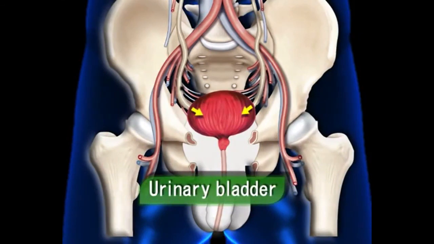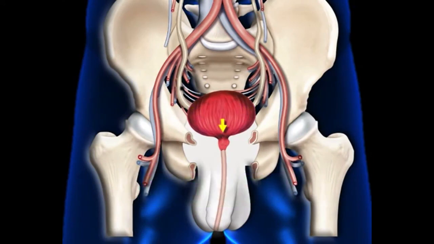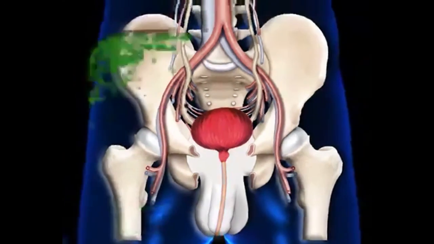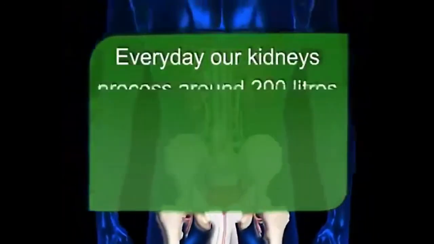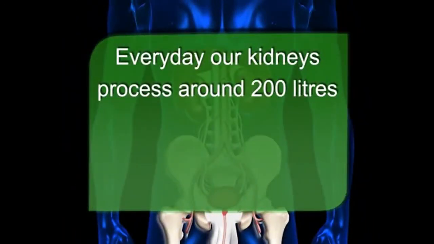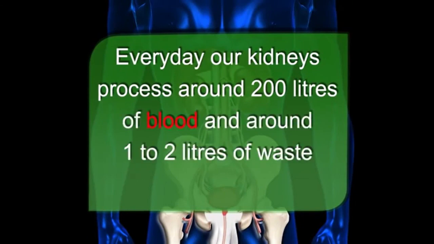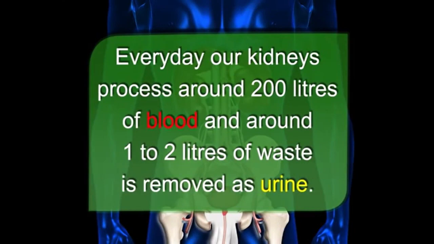Here, urine is stored until the bladder is emptied by urinating. The bladder is connected to another tube-like structure called the urethra for the removal of urine out of the body. Every day, our kidneys process around 200 liters of blood, and around 1 to 2 liters of waste is removed as urine.